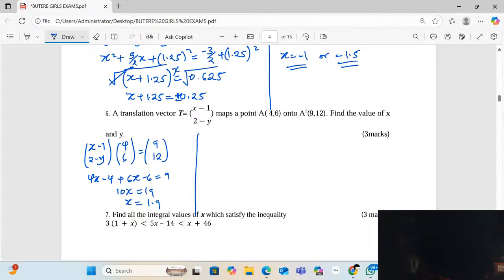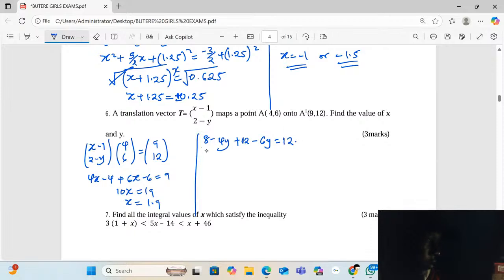Then we look for the value of y. With y, you take 8 minus 4y plus 12 minus 6y gives us 12.